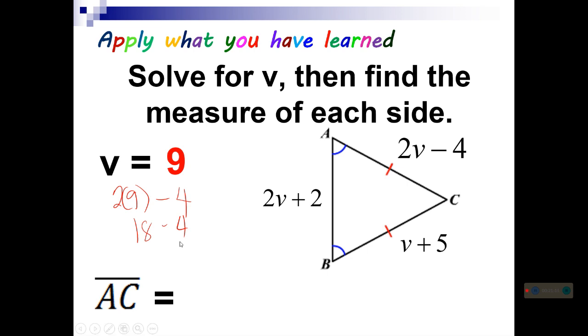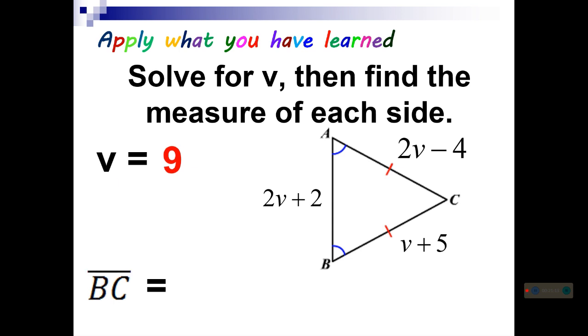So our segment AC is equal to 14, correct. Okay? So again, using the value of V, which is 9, let us find now segment BC. By substituting again 9 in place of V, we have here 9 plus 5 is equal to, correct, we have 14 also, of course.